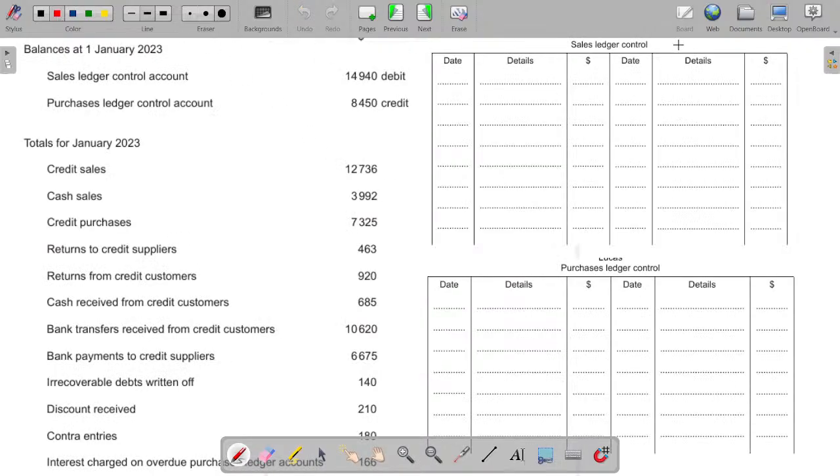Sales ledger control account is similar to trade receivables, and purchase ledger control account is similar to trade payables in total. So the year beginning being 2023, Jan 1st.